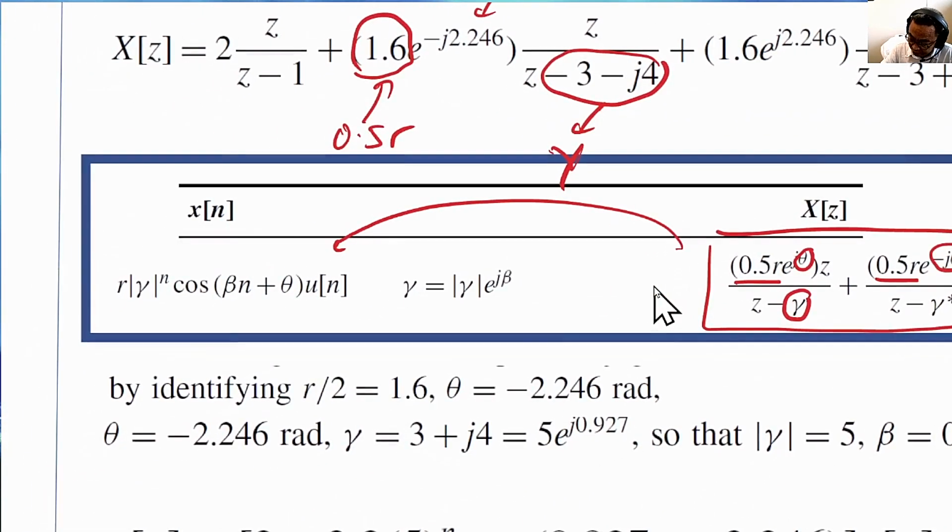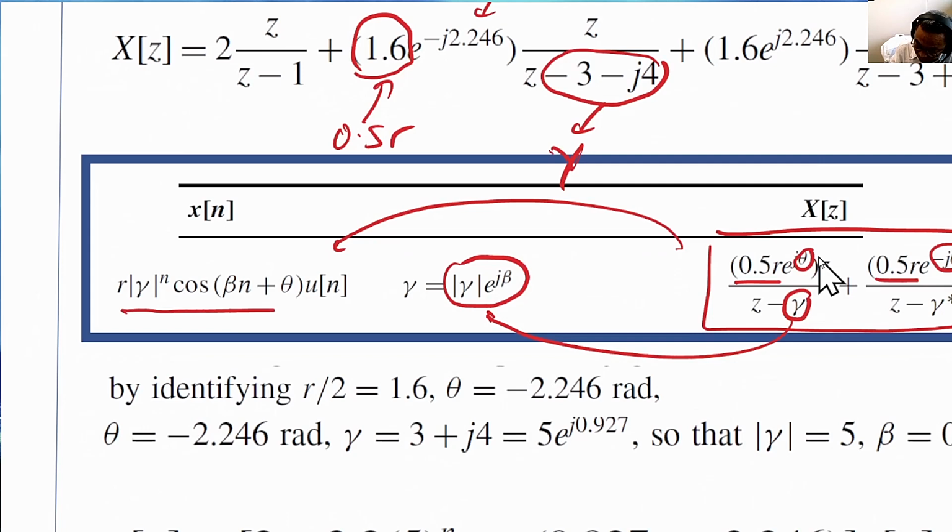Once we have it in this form, gamma is a complex number. You can represent it as a magnitude and phase, so magnitude gamma and phase beta. So you realize that this equation has 4 variables: gamma's magnitude and gamma's phase, 0.5 r and theta.